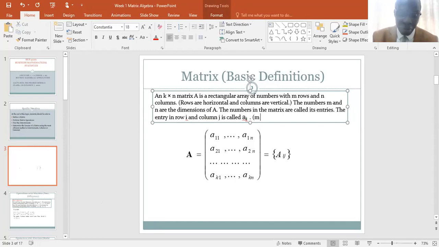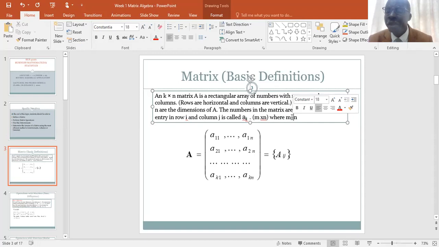Bracket m by n. A rectangular matrix is a matrix of order m by n where m is not equal to n. You have the equal sign here and then cross it with a vertical line, not equal to. So a rectangular matrix is a matrix of order m by n, where m is not equal to n.